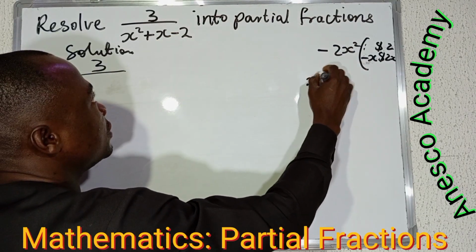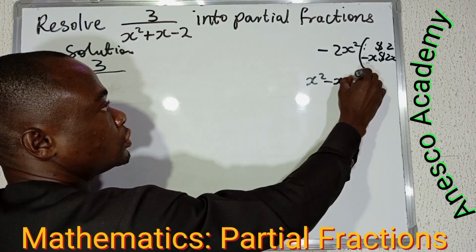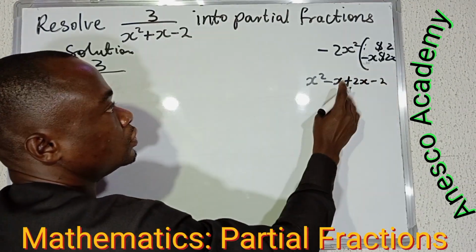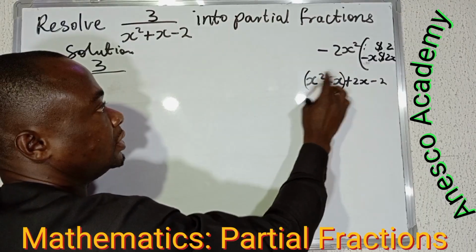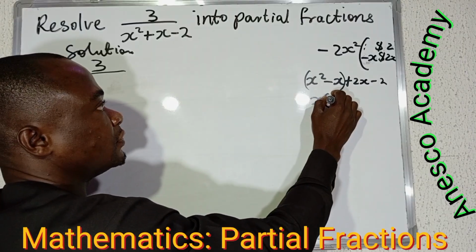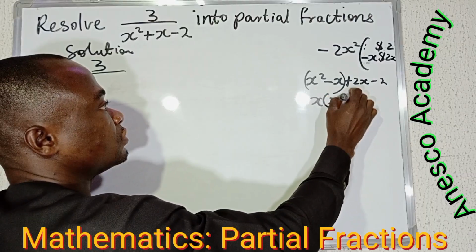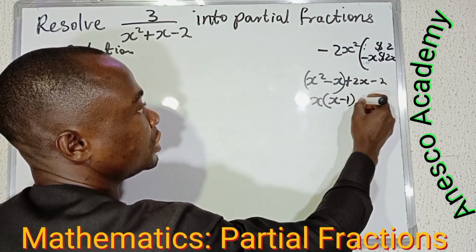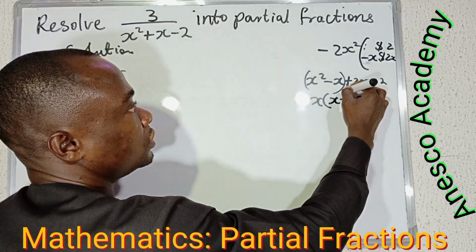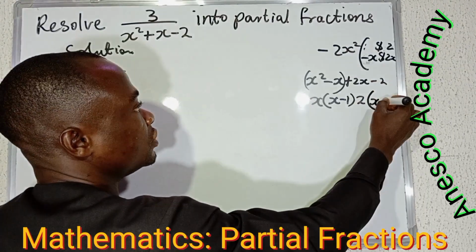Now you substitute that into this place. Then you have x squared minus x plus 2x minus 2. You group them. What is common here is x. So x squared divided by x will give us x, minus x divided by x will give us minus 1. 2 is common here: 2x divided by 2 is x, minus 2 divided by 2 is minus 1.